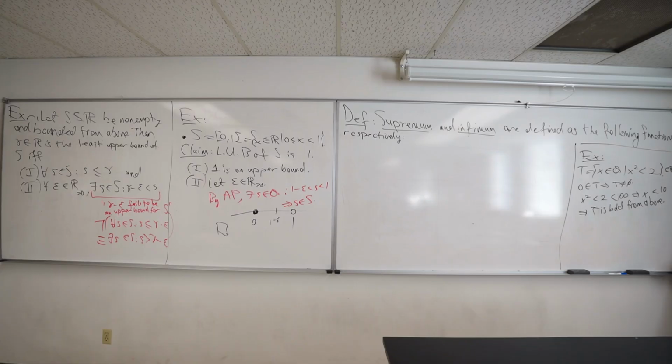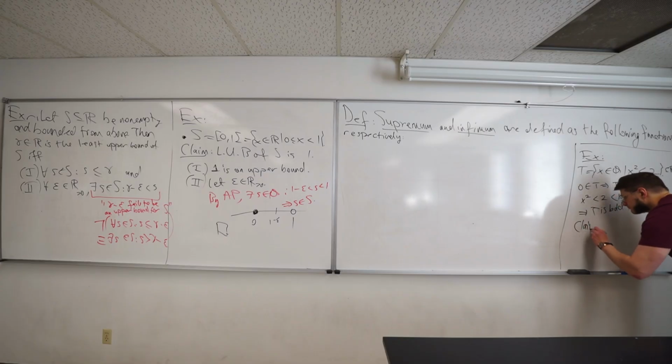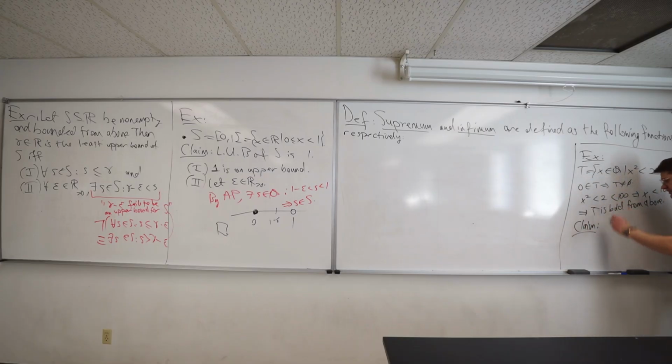The claim, of course, is that the real number, square root 2, is the supremum of this. Least upper bound of T is root 2.